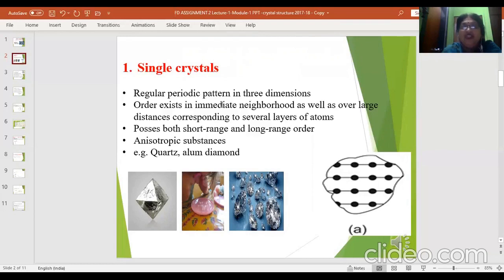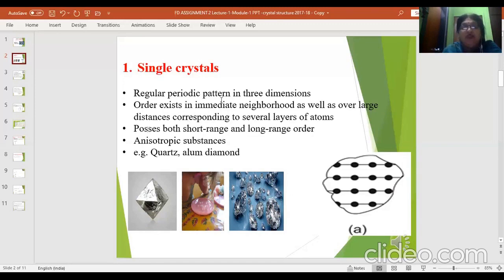And this order of geometric style of atom periodic pattern will exist in the immediate neighborhood as well as over large distances. That means the periodicity among the atoms will continue for long distances, corresponding to several layers of atoms. So they possess both short range as well as long range order.